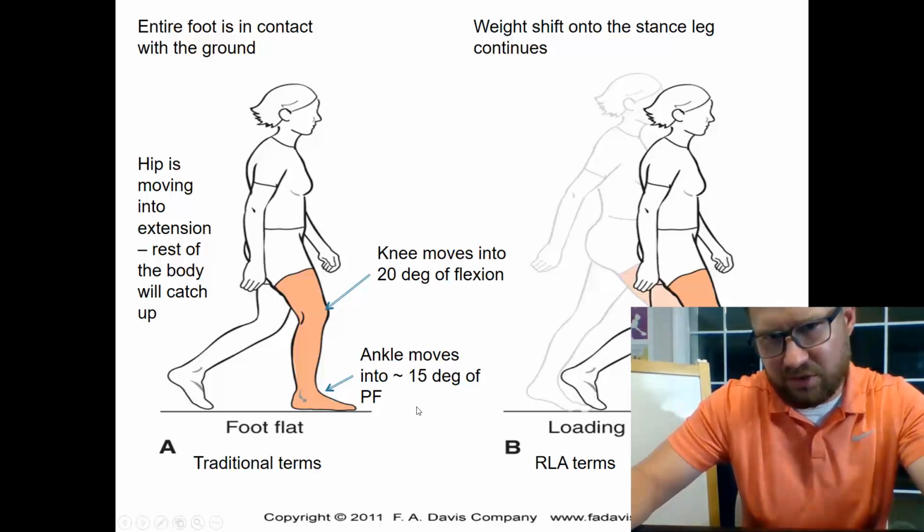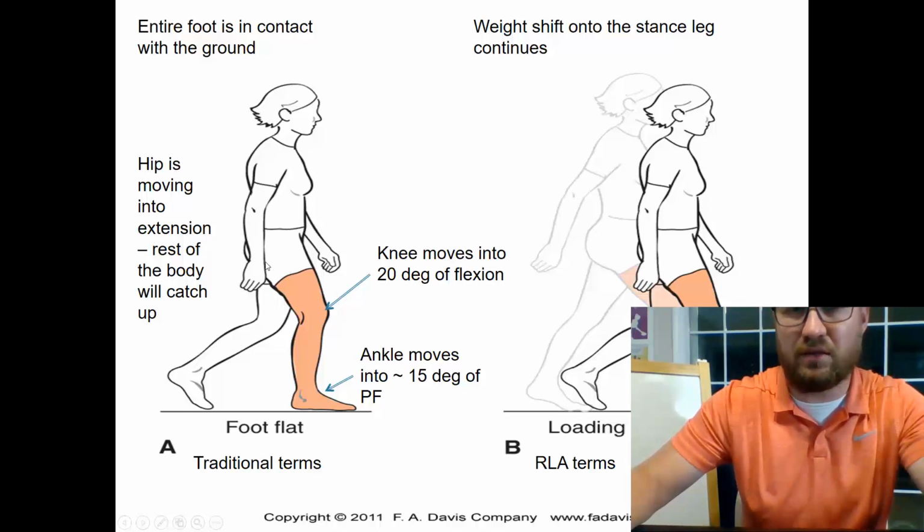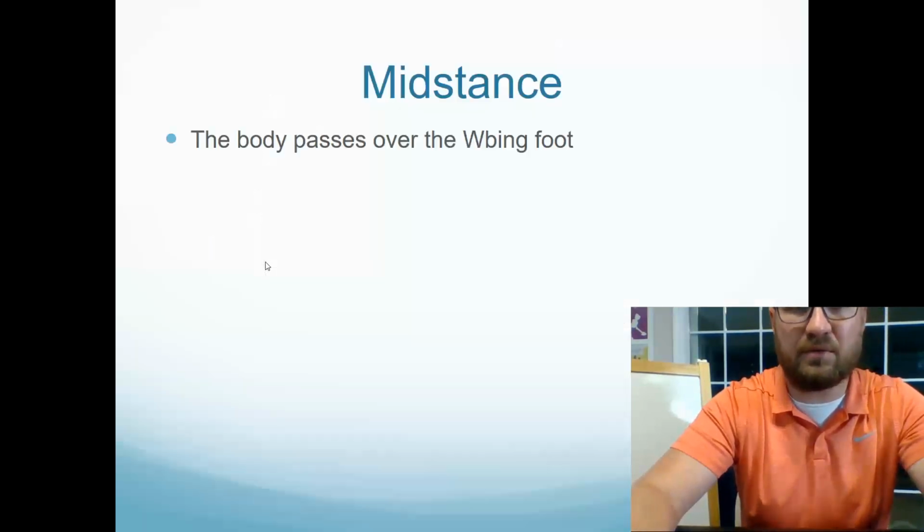You could write eccentrically out here. Hip is moving into extension in kind of a passive way. I mean, it's going to be stabilized laterally, but it's not by any means a concentric contraction, not yet. The rest of the body will catch up.